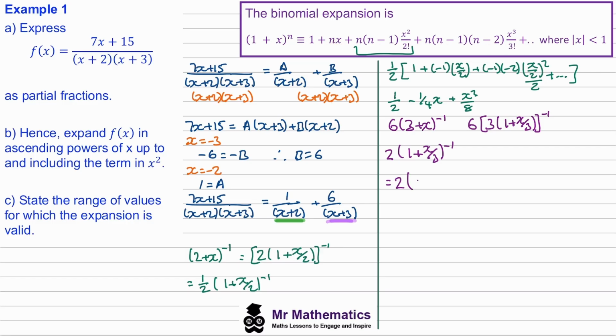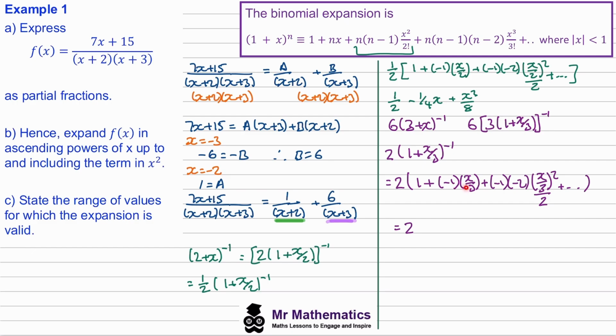2 multiplied by the 1 plus the n term times the x term of x over 3 plus n minus 1 multiplied by the x term squared over 2. We can tidy up each of these fractions and multiply out the 2.